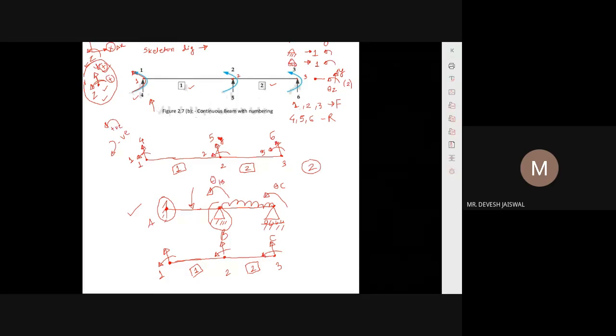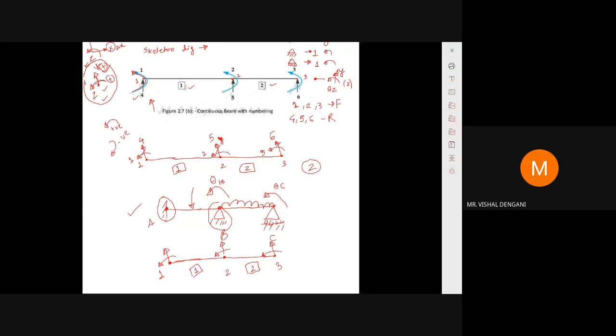So where will 1 come? Where will your 1 come? 1 coding. First we are assigning a coding. Okay, freedom code. So where will it come? No, not A. A is fixed. A is fixed. If you compare this problem to the above problem, all supports are hinged.